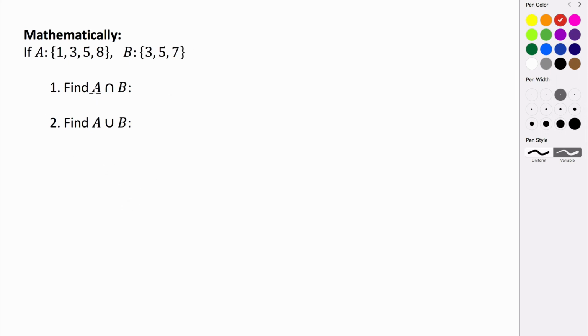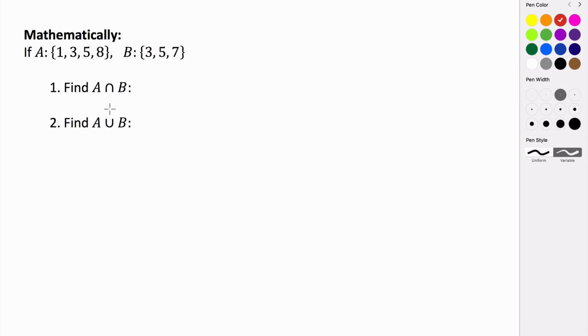First we want to find A intersection B, the intersection of A and B. When we talk about intersection, what we're talking about is what elements are in both A and B. So intersection means "and." Then we're going to find the union, which is A or B. When we say "or," we don't mean that it's in one or the other. It's not exclusive. It could be in one or the other or both.